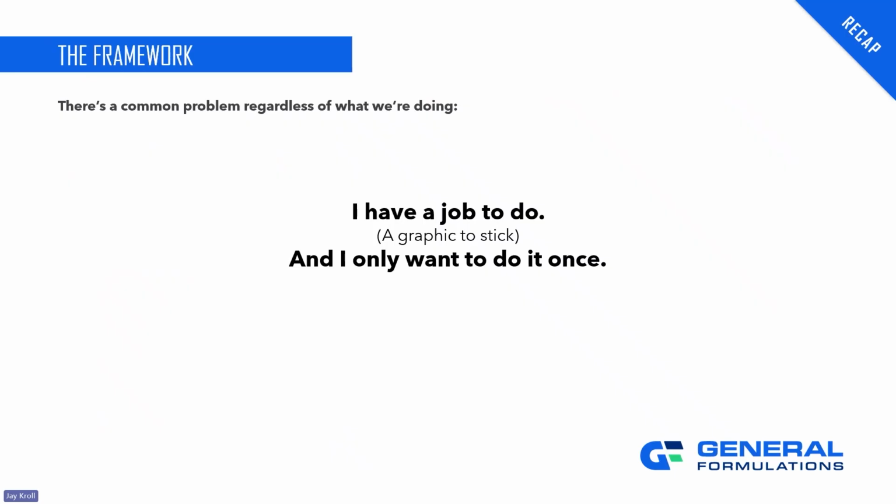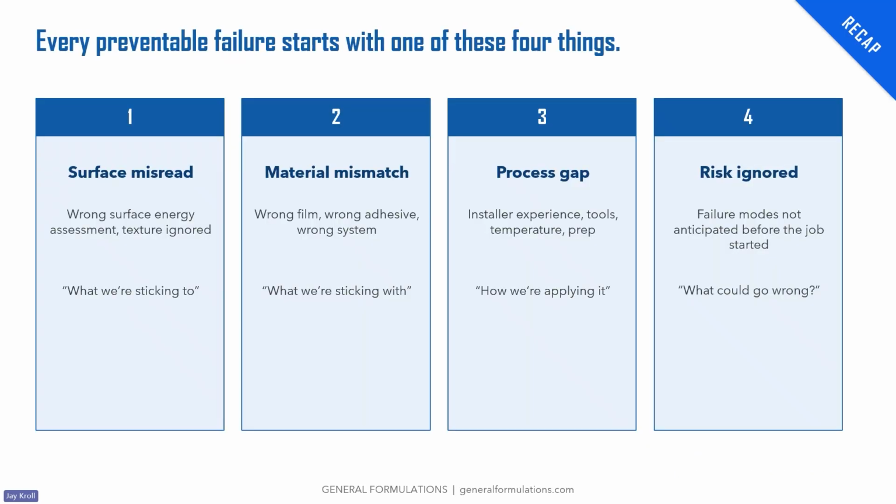Our goal is to avoid reprints, to avoid rework, to avoid failures, and to choose the right solution intentionally rather than on autopilot. We also need to be thoughtful about the approach because every preventable failure starts with really one of these four things: understanding our surface, our material, our application process, and the risk that's involved.